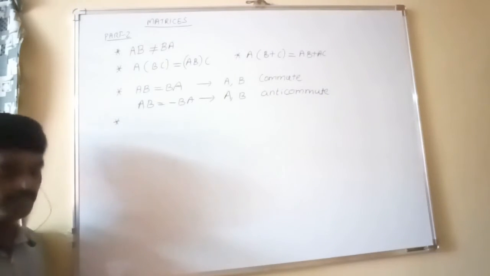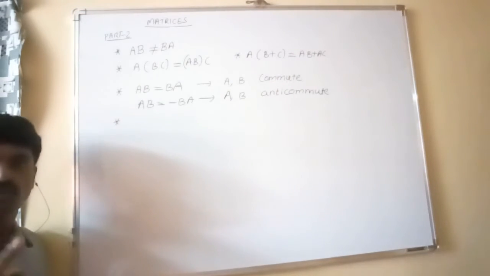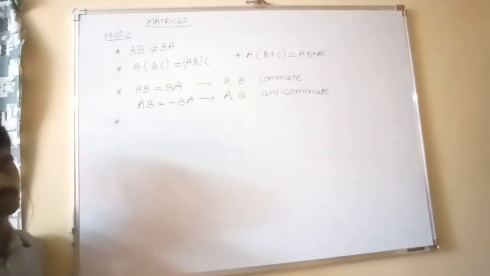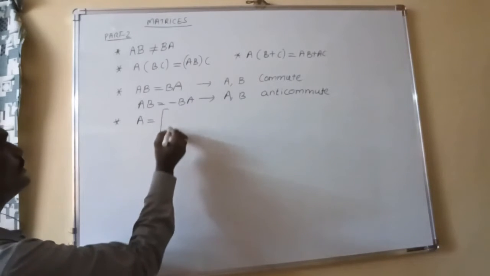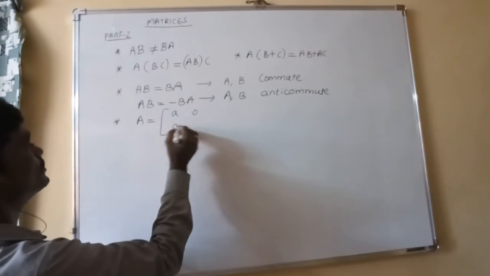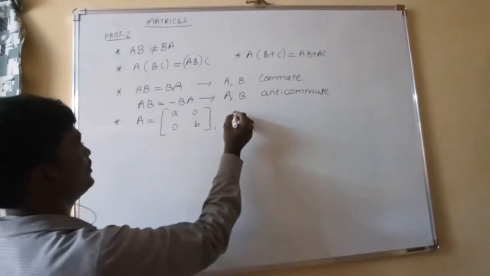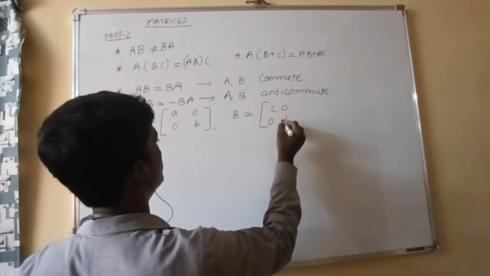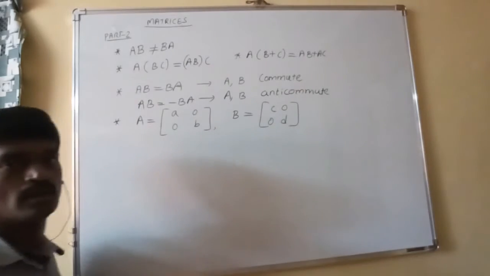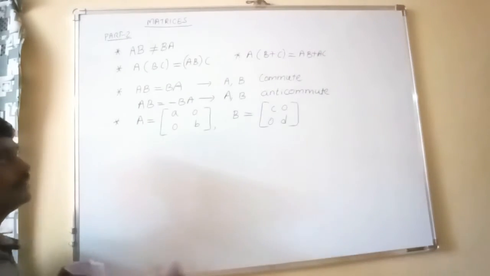Next important point. The product of two diagonal matrices of the same order is always commutative. For example, if I take capital A is equal to [a, 0; 0, b], and capital B is equal to [c, 0; 0, d]. Here A and B both are diagonal matrices of the same order.